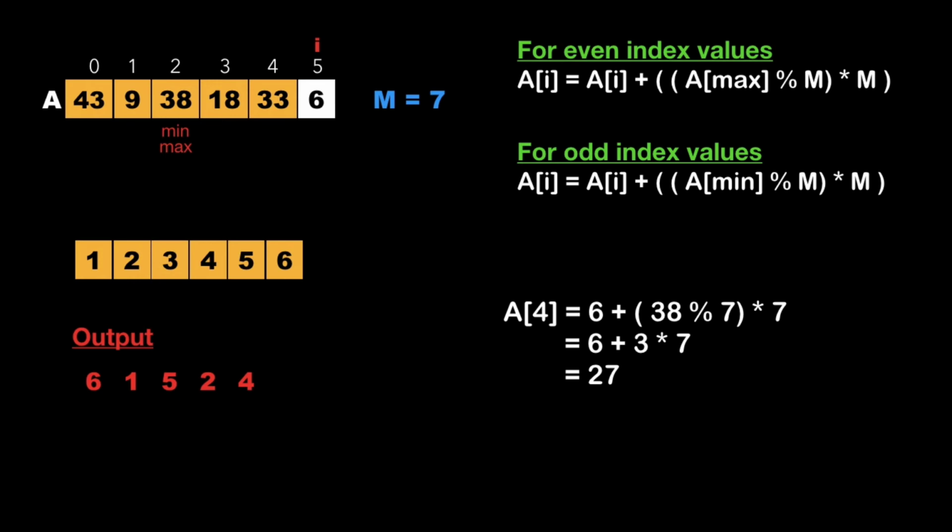And let's update the value of a of i as 27 and then print 27 divided by 7, which is 3. So we get our output as 615243, and as we can see in the reference array, the initial values of 1, 2, 3, 4, 5 and the final modified array is 615243.